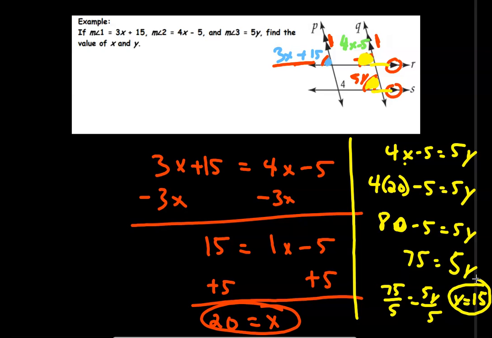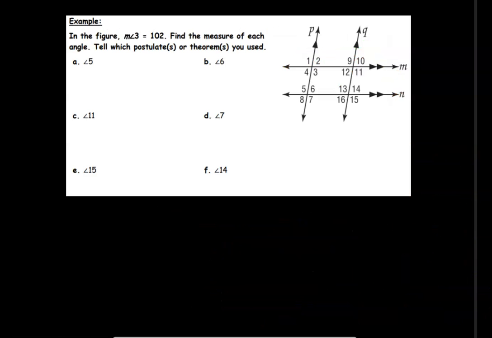I'm going to give you a new one. All right, in this example, it says that in the figure, the measure of angle 3 is 102. Find the measure of each angle. We've got parallel lines here, and these two lines are parallel. If that's 102, then this is 102, because they're vertical.